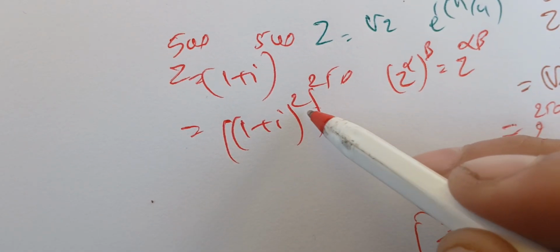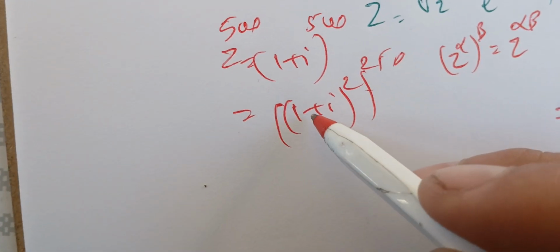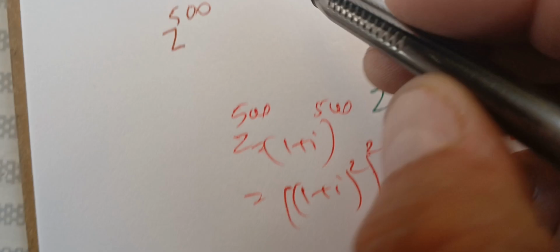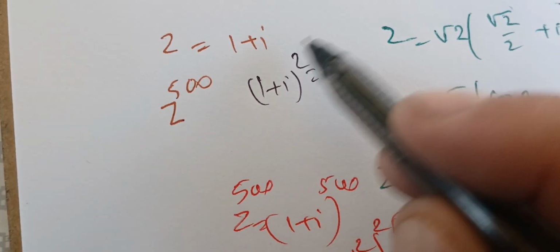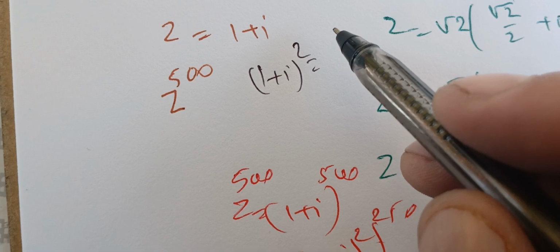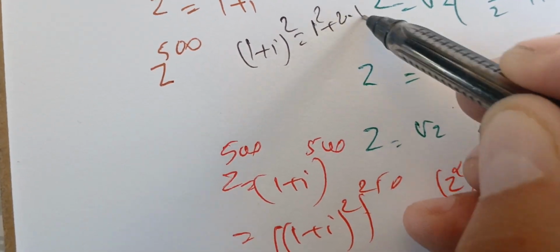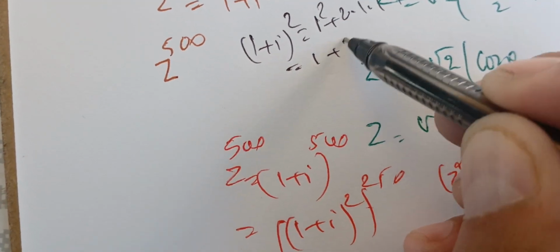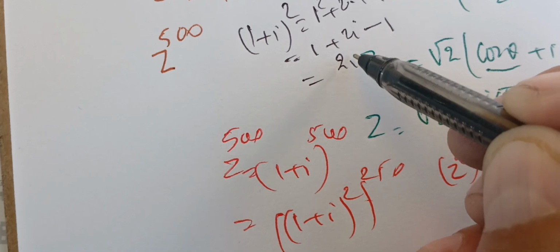I use that here with alpha is 2 and beta is 250. Now I can compute 1 plus i squared. Using the formula x plus y squared, this gives me 1 squared plus 2 times 1 times i plus i squared. So it's 1 plus 2i, and i squared is minus 1. Therefore, I have 2i.